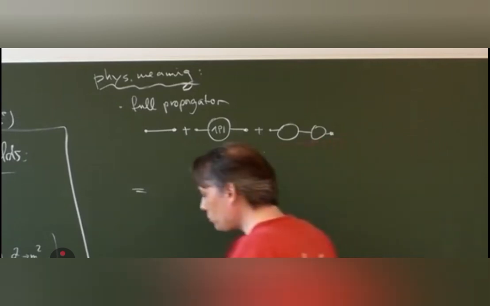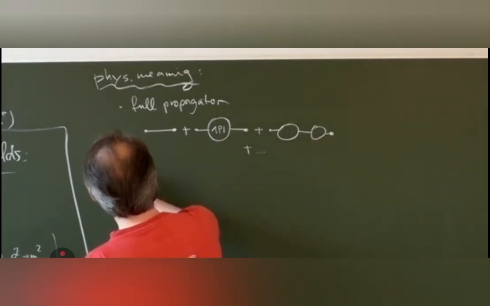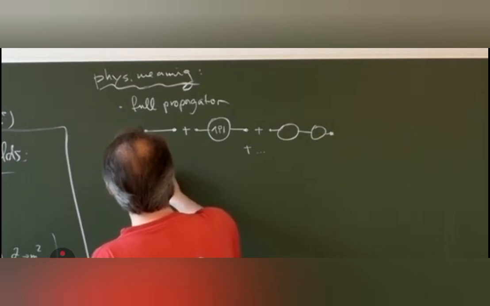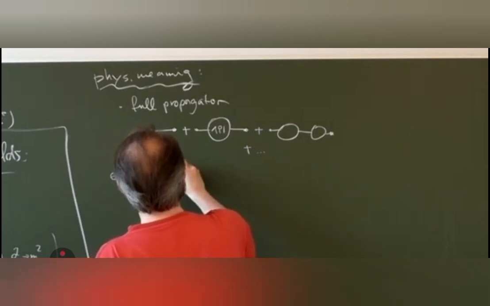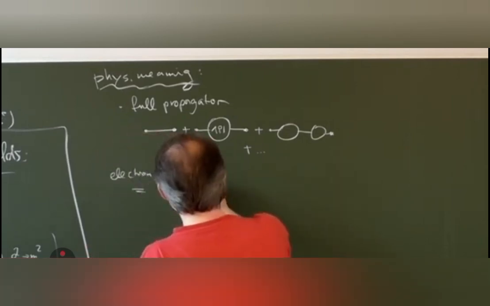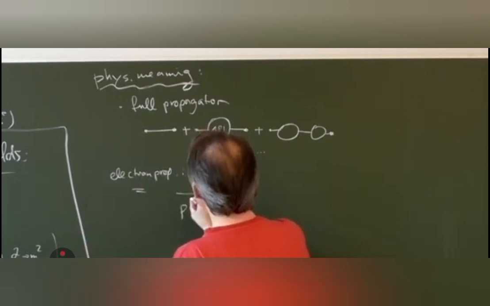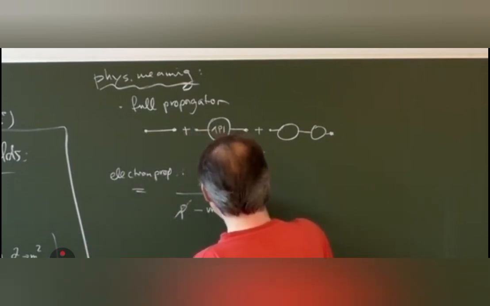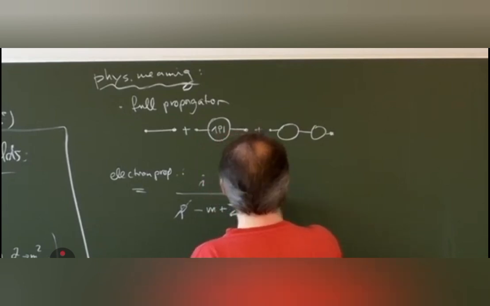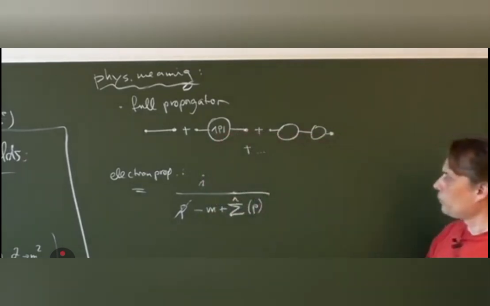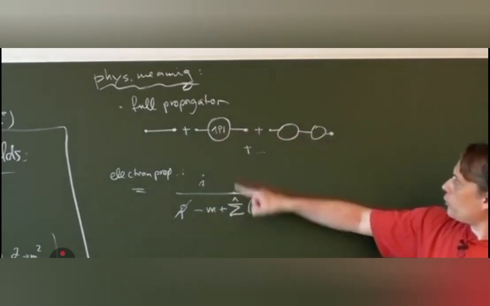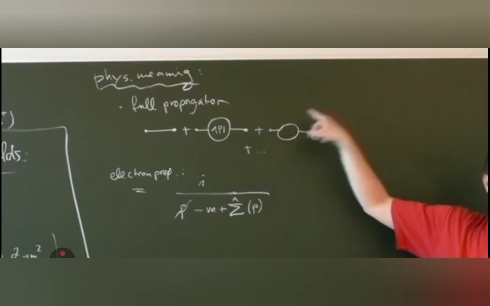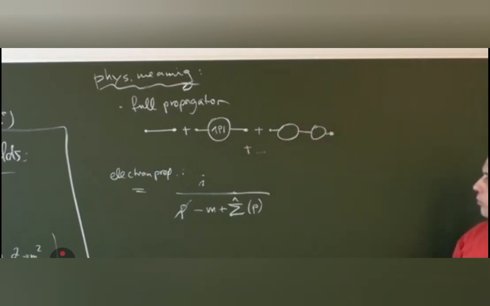And so let me just write down the result for the electron propagator. This becomes i divided by p slash minus m plus sigma hat of p. So the renormalized self-energy, which is this building block here, gets resummed, and it becomes a geometric series. It goes into the denominator like this.